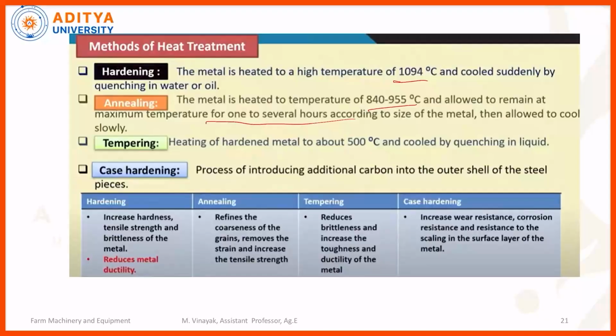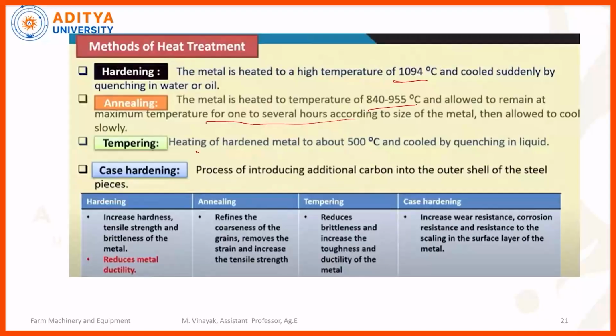In the annealing process, after reaching 840 to 955 degrees Celsius, the material itself is allowed to cool. We do not push the cooling with oil or water. The material should simply cool slowly.